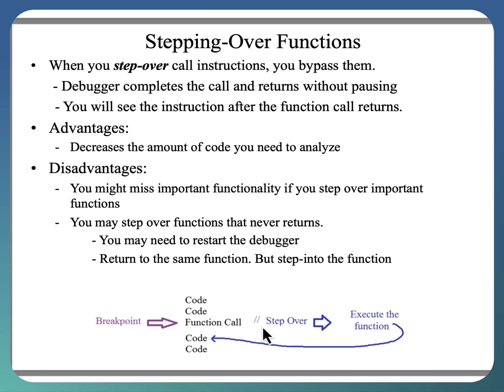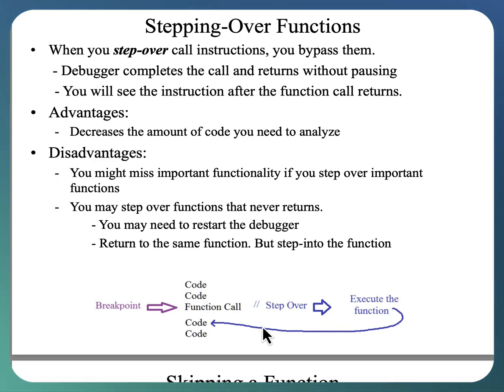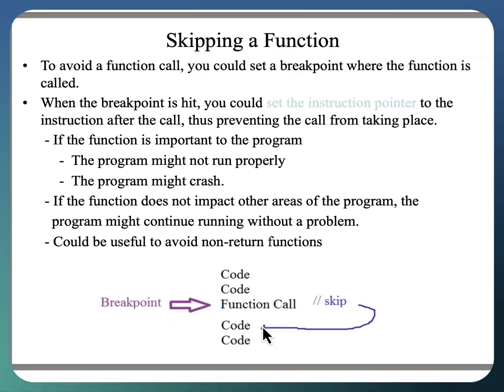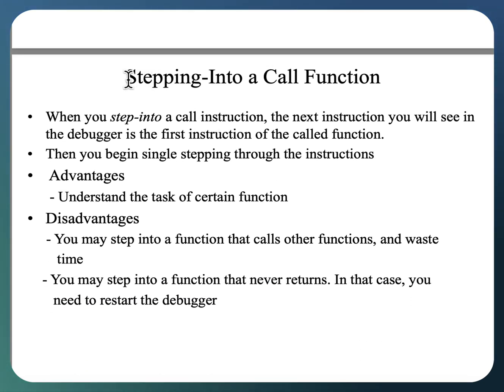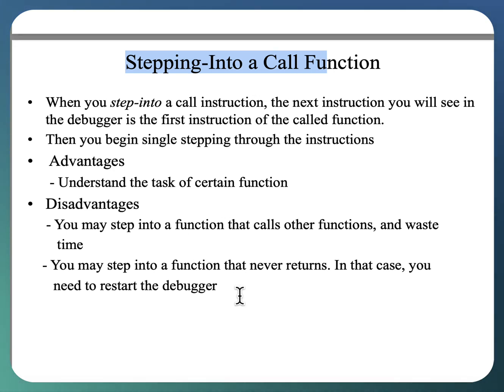Okay, now you also have stepping over a function. So again, stepping into a function is basically when a function is found, you enter that function and do a line-by-line analysis.